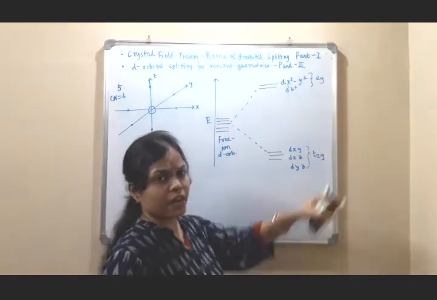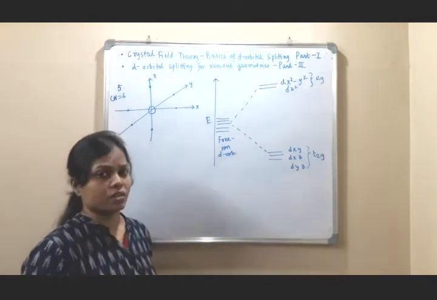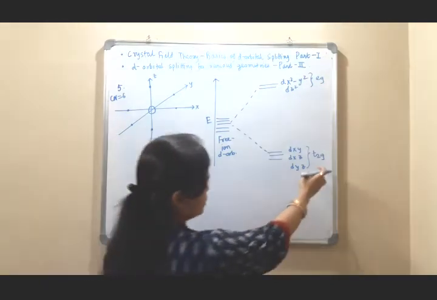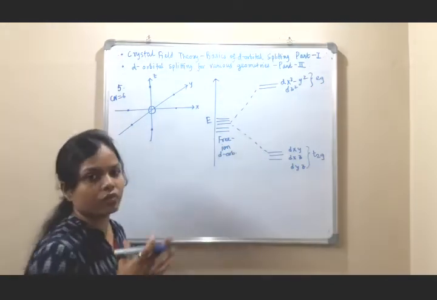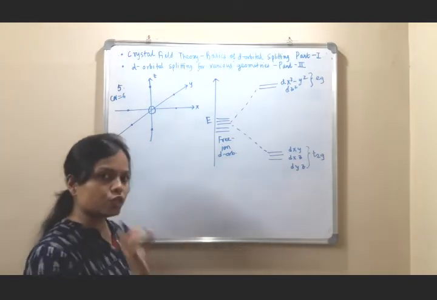Here g stands for gerade, that means these geometries have a center of symmetry, so I call them g, but in the earlier one, tetrahedral, they lack the center of symmetry, so they are only t2 and e.